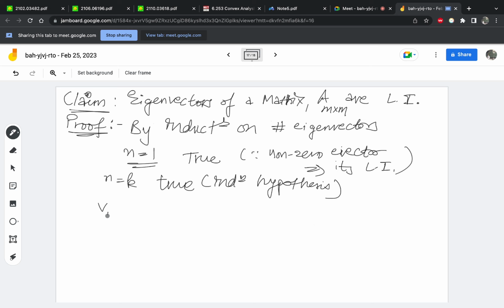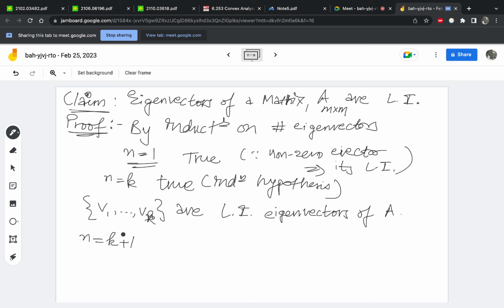So what we are given is v1 to vk. They are all linearly independent eigenvectors of A. So now we'll take n equals k plus 1.